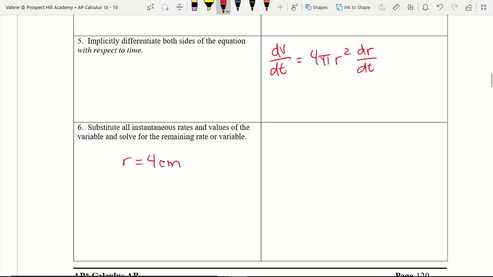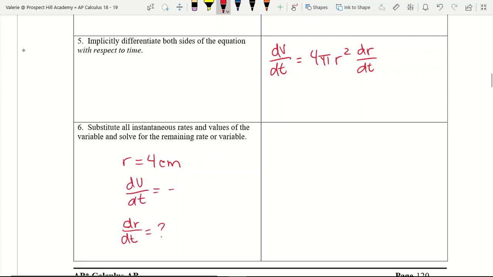So we're looking at that instant, and we're trying to find dr dt. So dr dt is what we're looking for, and we have dv dt.